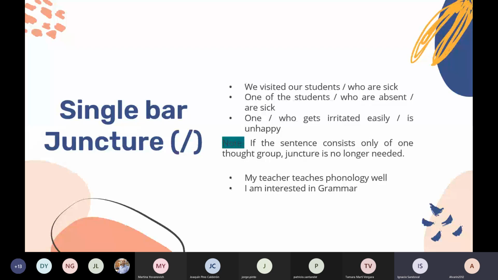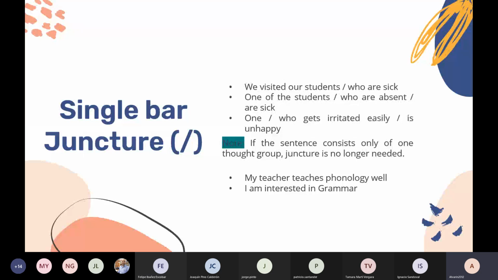Well done. Thank you very much, Ignacio. And the last one, any volunteer who wants to read? Me. Felipe. Thank you. One who gets irritated easily is. Okay, perfect. Excellent. Thank you.